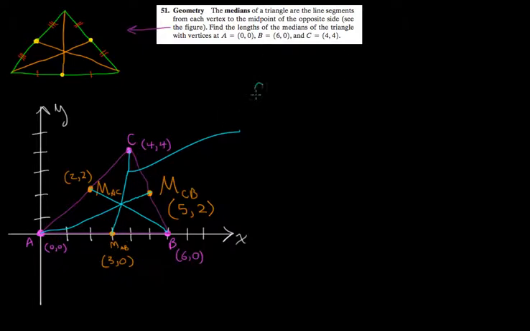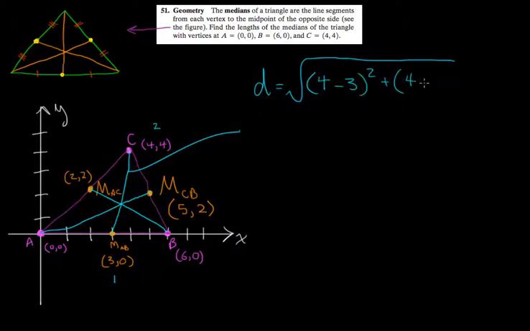The distance formula says distance is equal to the square root of x2 minus x1 squared plus y2 minus y1 squared. We'll say this is x2, y2, and this is x1, y1. So 4 minus 3 squared plus 4 minus 0, which is just 4 squared. 4 minus 3 is 1, 1 squared is 1, plus 4 squared is 16.